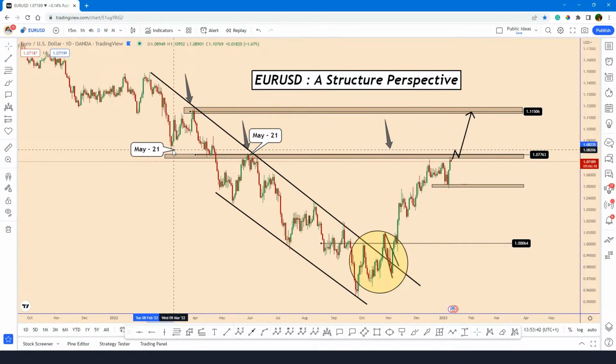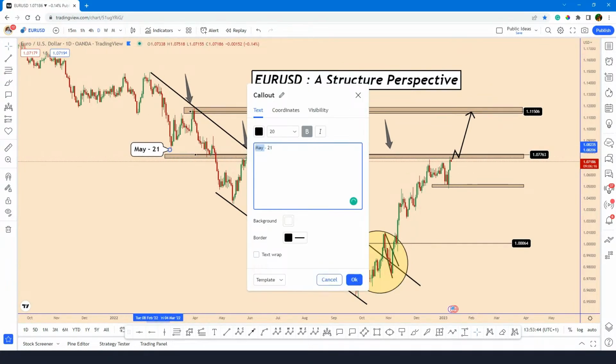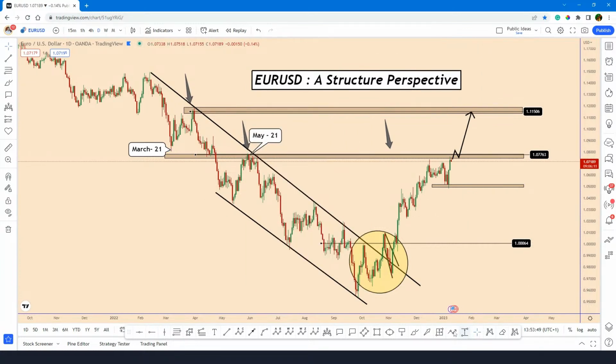So overall, I think that probably we may get a small correction. The first correction that may happen can test the small structure that is close to this point here, close to 1.05.